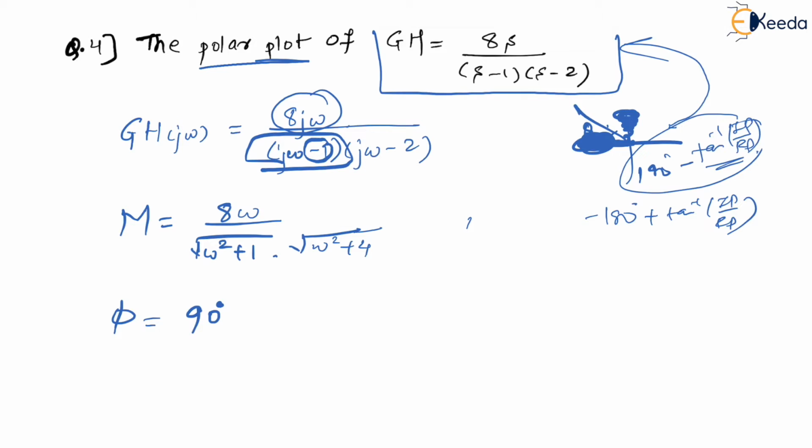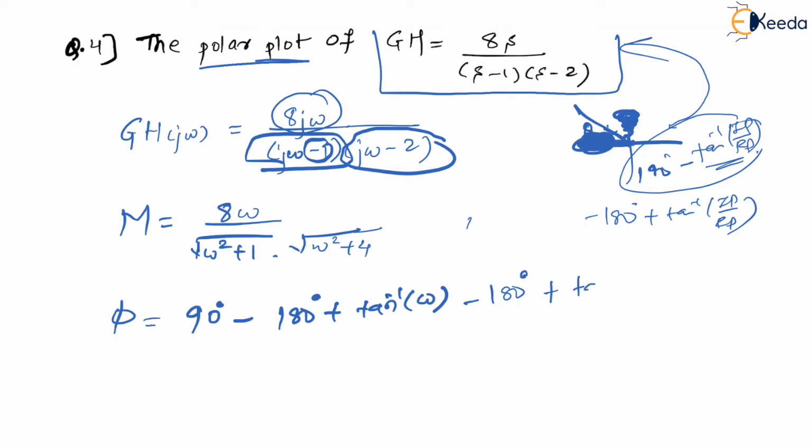So phi equals 90 degrees, minus 180 degrees plus tan inverse of omega. Similarly for the second term, since it is also in the second quadrant, it is going to be minus 180 degrees plus tan inverse of omega by 2. So this is the phase.